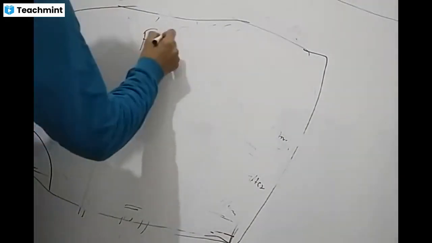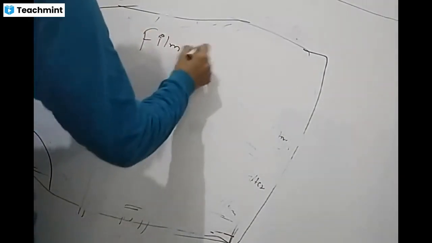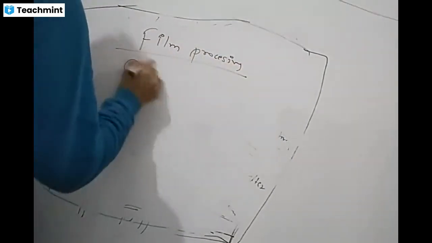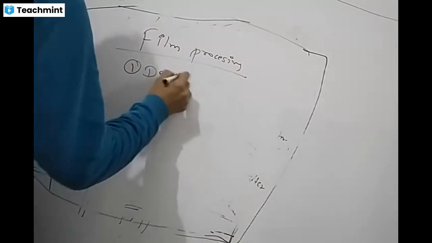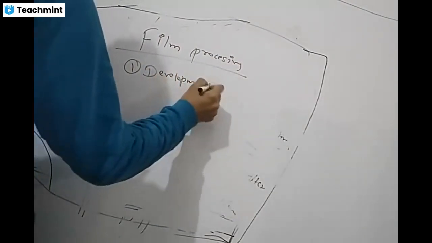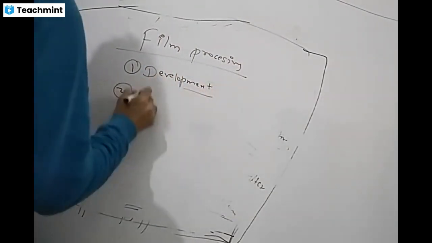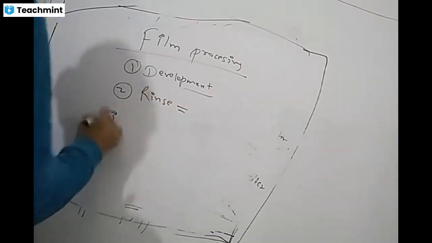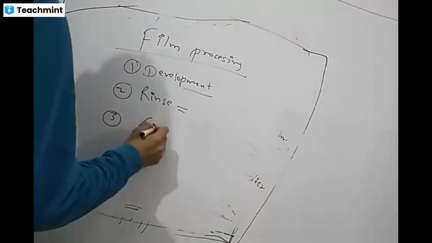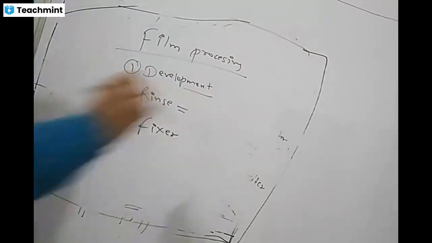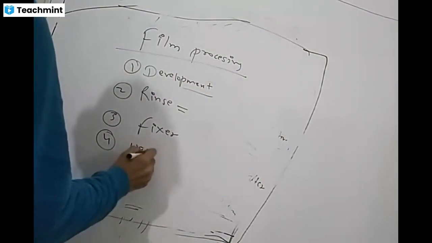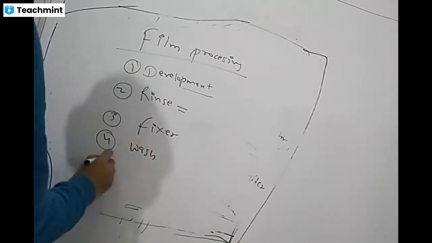Next topic is film processing. First is development, that is the developer, then rinse with water, third use fixer and remove the unexposed part, then wash and dry.